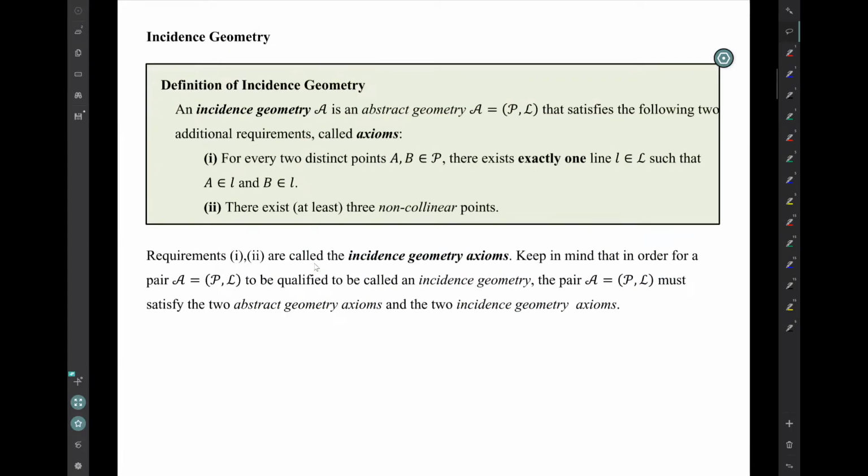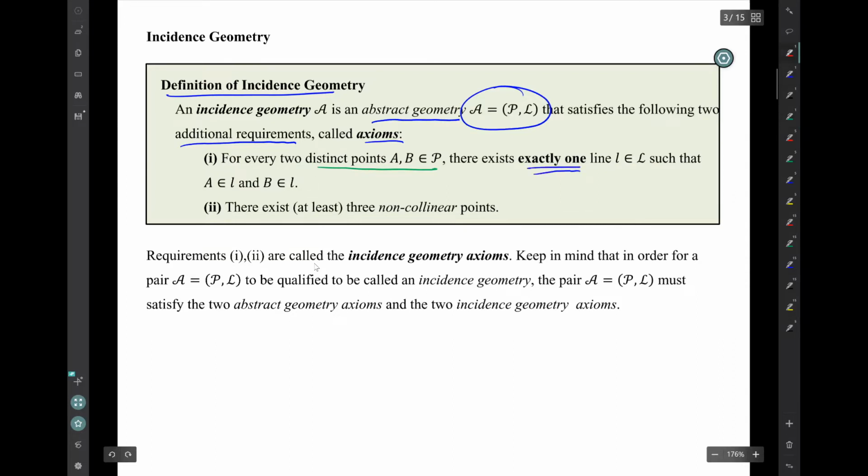Now I want to introduce what's called incidence geometry. An incidence geometry is an abstract geometry, a P, L, that satisfies the following two additional requirements, called axioms. For any two distinct points, A and B, in the set of points, there exists exactly one line, L, in the set of lines that both points lie on.